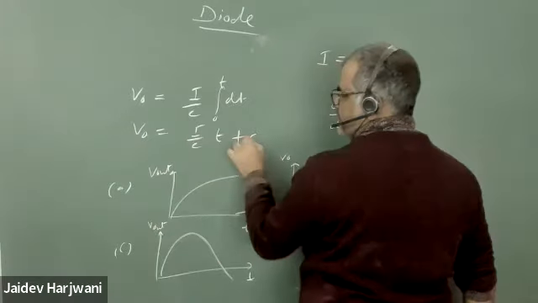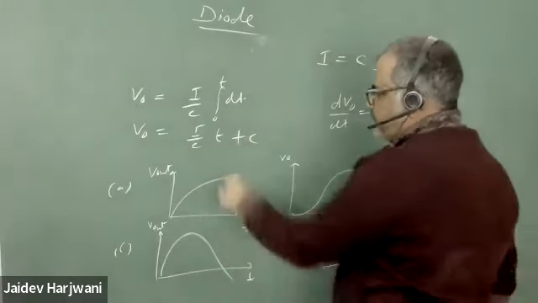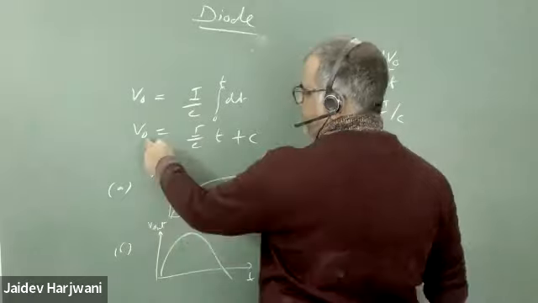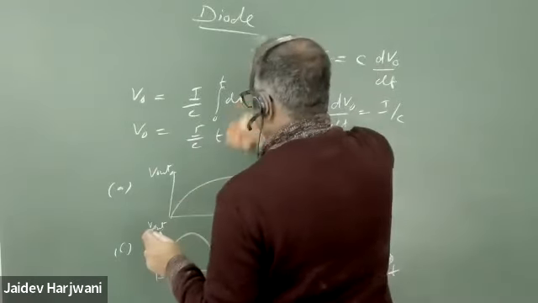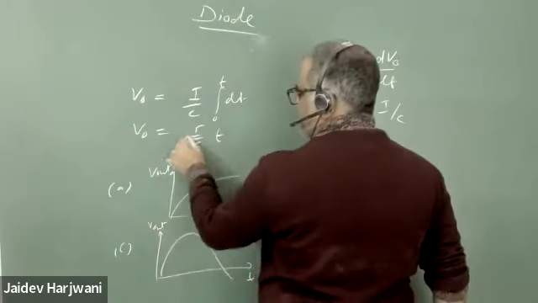Plus some constant, but at t equals 0, V naught is 0, so that constant will go. So you get only I by C T.